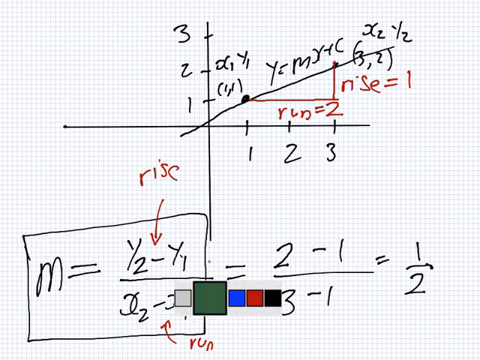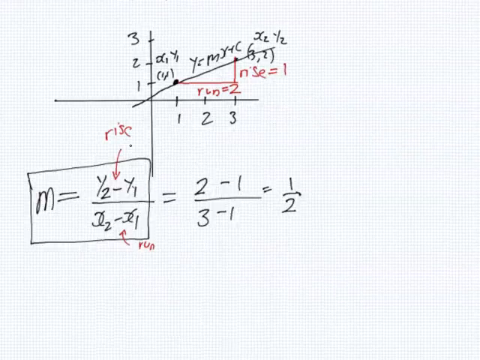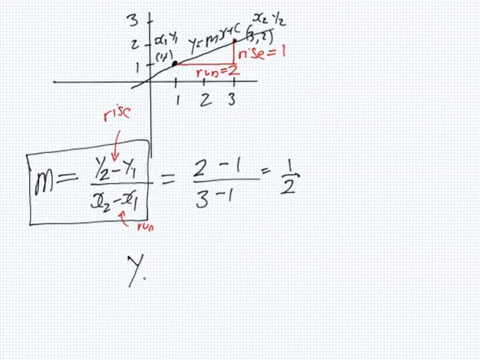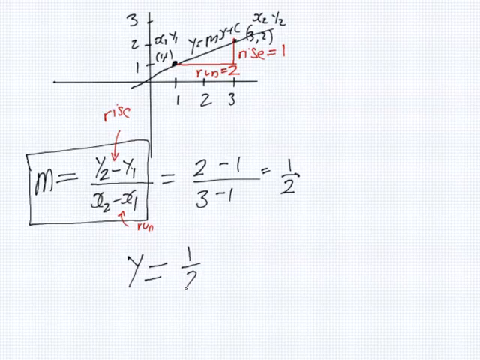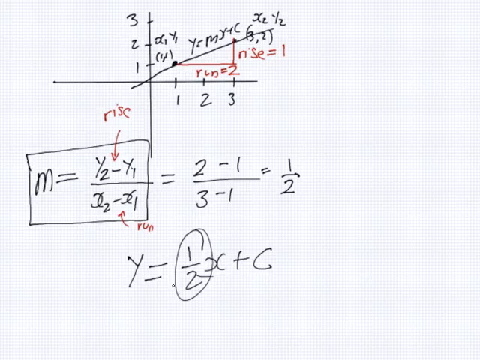Now, anybody know how to find the c? We have y equals 1 over 2x plus c. We know the m. How can we find the c now? Put 3, 2 or 1, 1 into the equation. Yeah, what you do is you choose a point. It doesn't matter which one, but which one's easier? 1, 1.